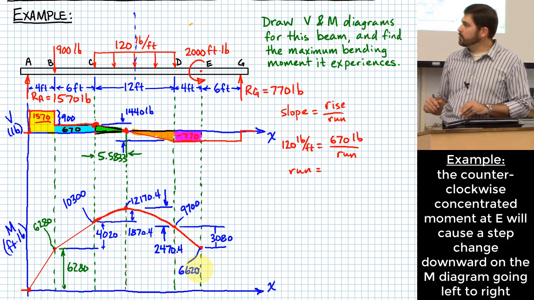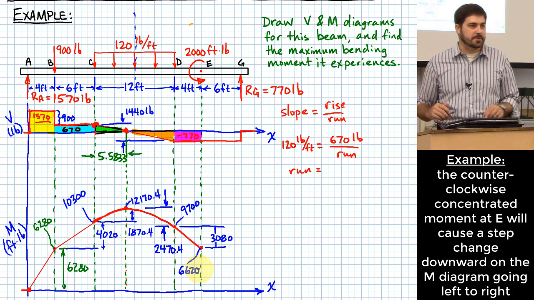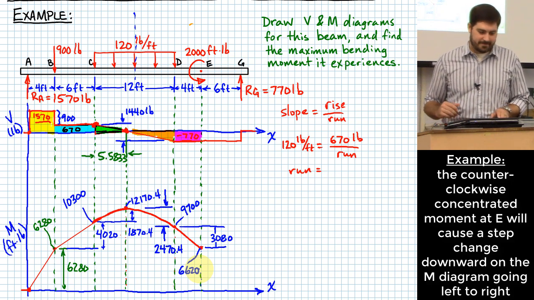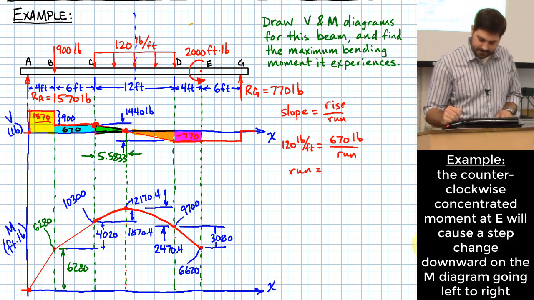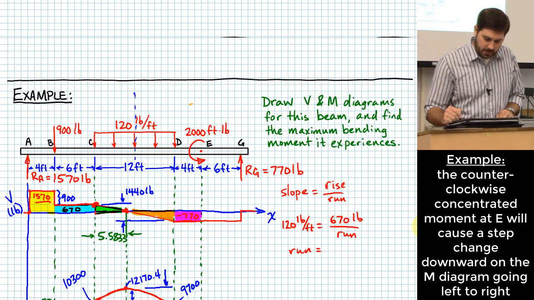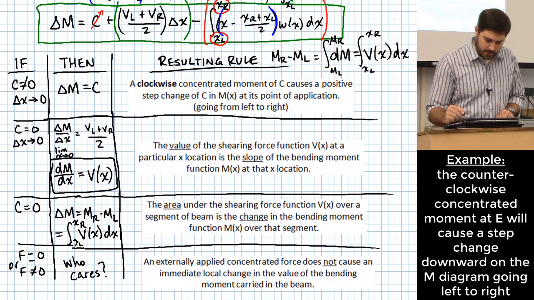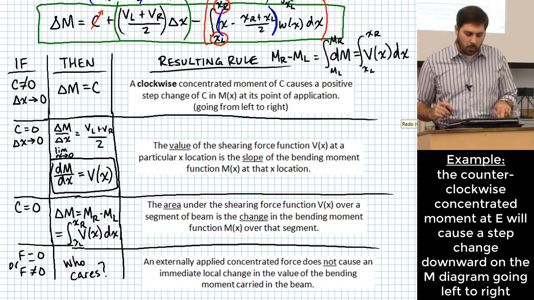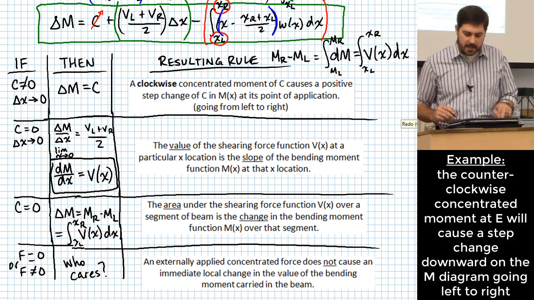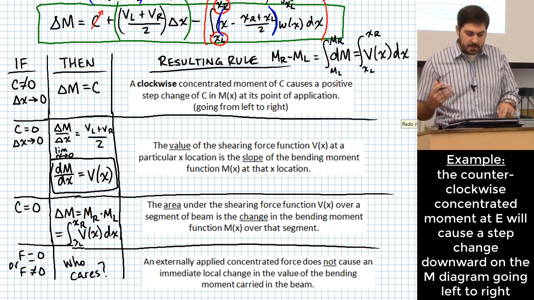Okay. Someone just asked the question, what about that concentrated moment? Well, let's go up and look at our rules. A clockwise concentrated moment of C causes a positive step change of that value of C in M of X at its point of application.